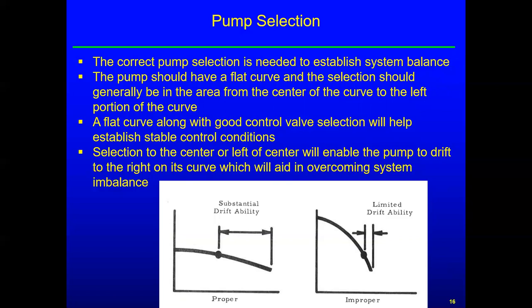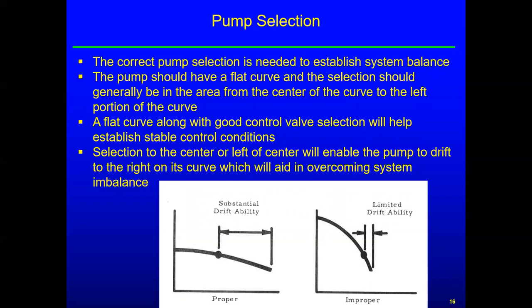But nonetheless, this is good general information to have. The pump should generally have a flat curve, and the selection should be in the area from the center of the curve to the left portion of the curve. You want to get away from that deadhead situation or at the minimum flow rates.